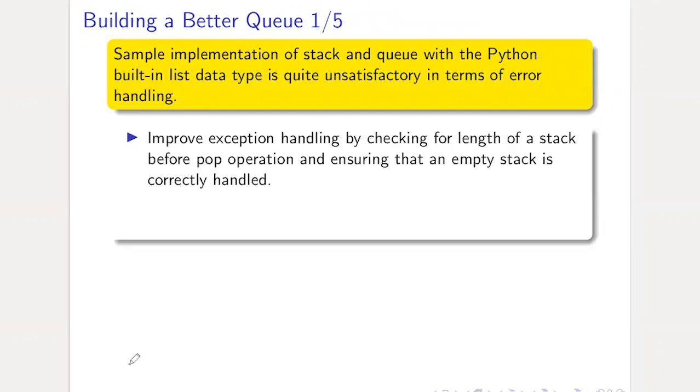For that purpose, before inserting, we have to check whether space is available, which we can do by checking the length of the stack, and we have to make sure that we don't remove from an empty stack or a queue. Again, that we can check by keeping track of the length.